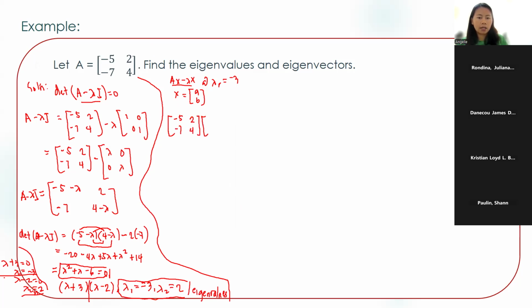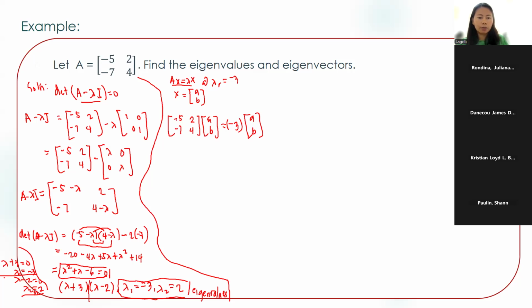Your X, again, is A and B. And then your lambda is negative 3. So we're going to use this one. One is the A, si X, si lambda, equal na siya. Si lambda, one nga value. Then we have X. You times it with A and B. Multiply with A and B. So, compute.